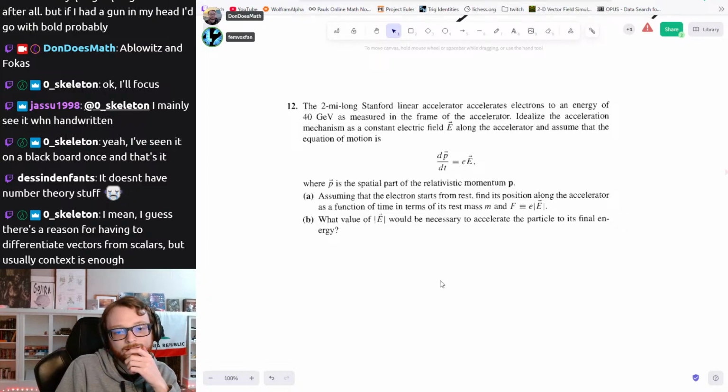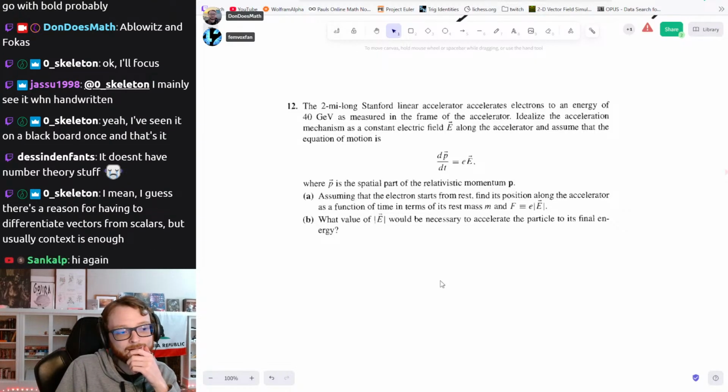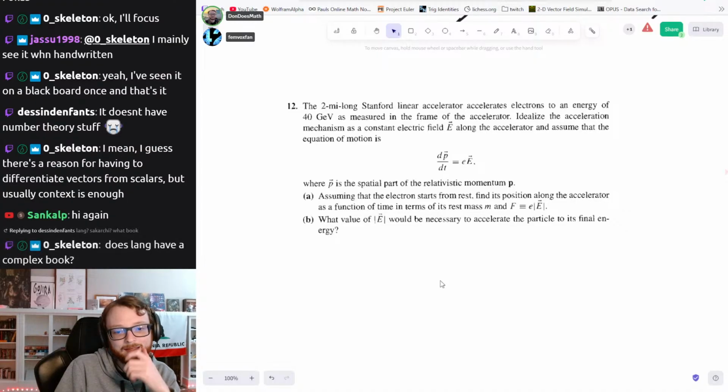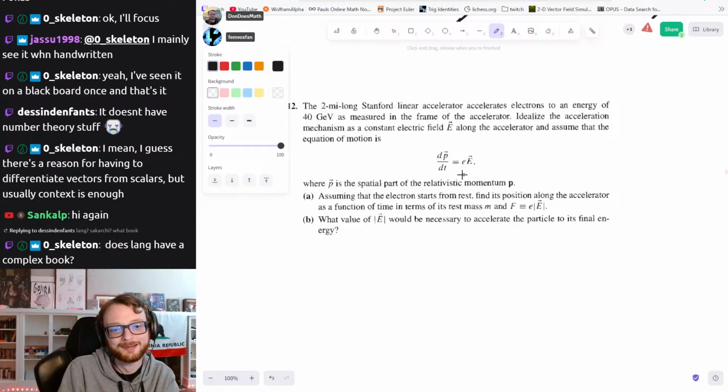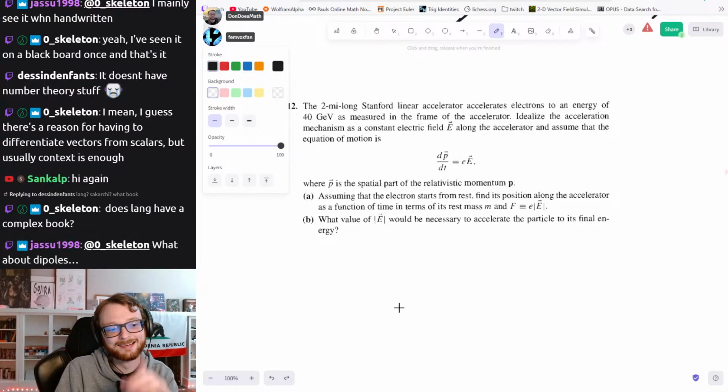Well, that's a constant, right? E times E is constant. I'm a little confused why they're phrasing them differently. They seem like basically the same thing. I guess that's a scalar F, and that's the magnitude of a vector. Okay, makes sense. But it's a one-dimensional vector for the purpose of this problem, I think.